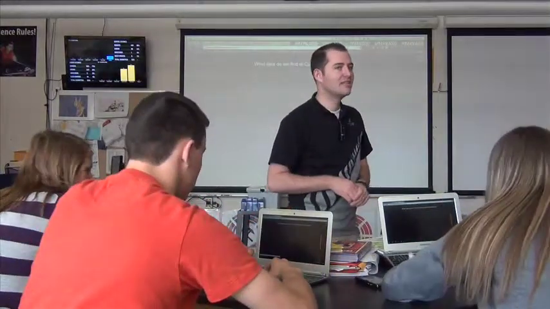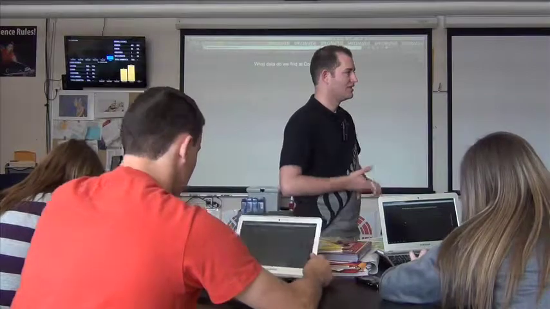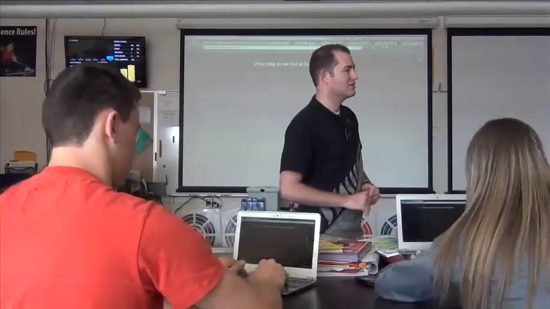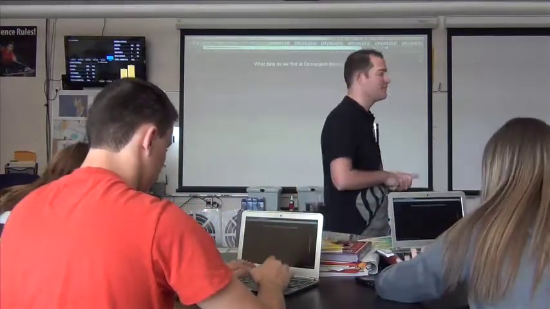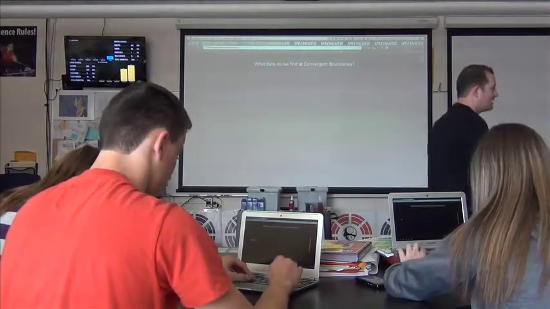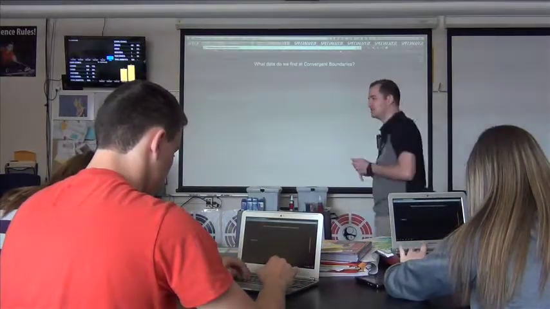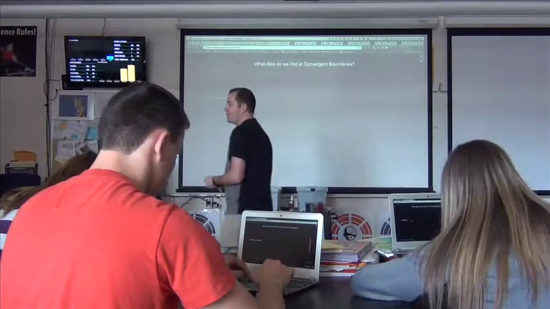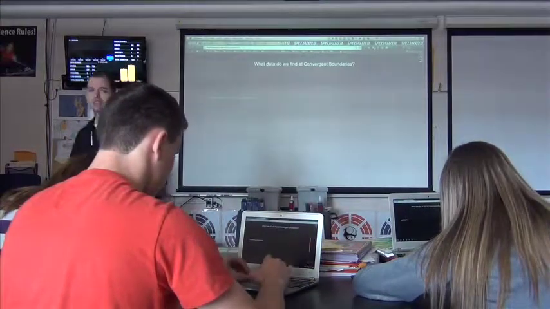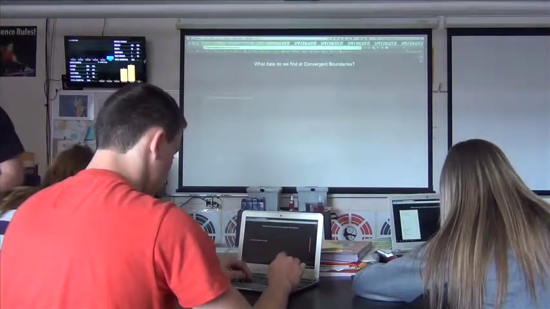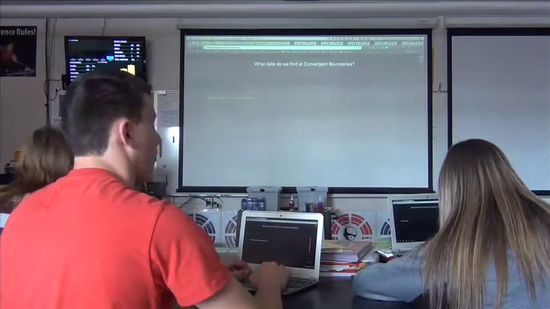What data do we find at convergent boundaries? On our volcanoes, do we see volcanoes in a line, few volcanoes, or volcanoes spread out? On our earthquakes, do we see earthquakes spread out, shallow earthquakes in a line, or earthquakes that get deeper?